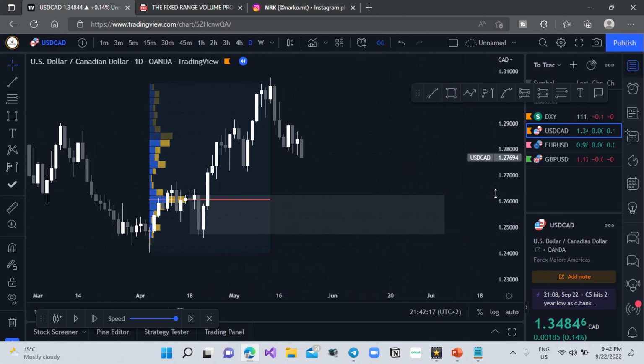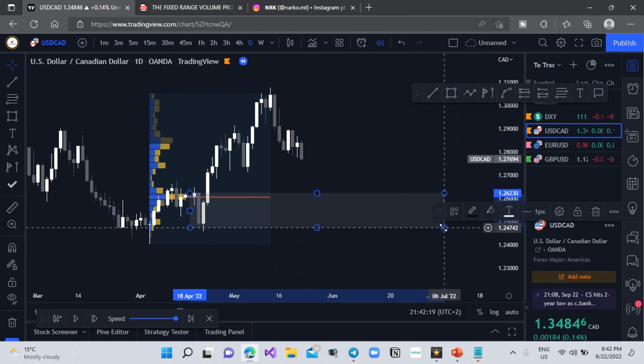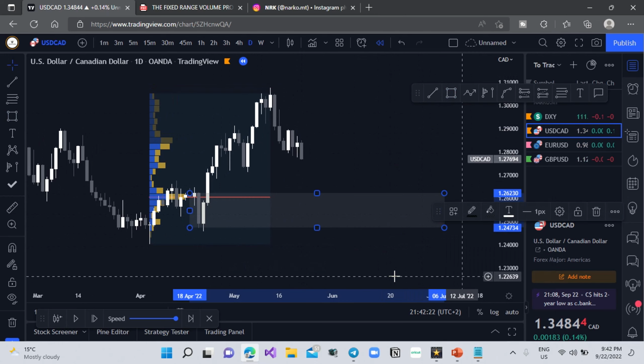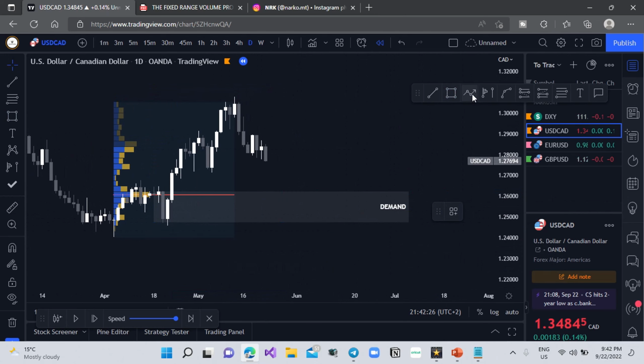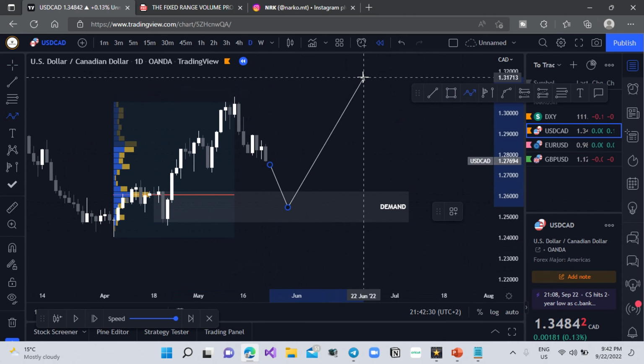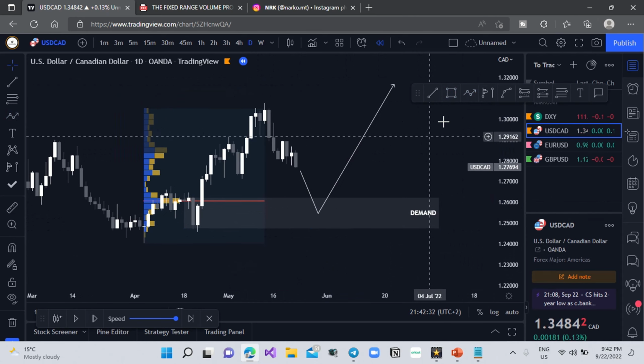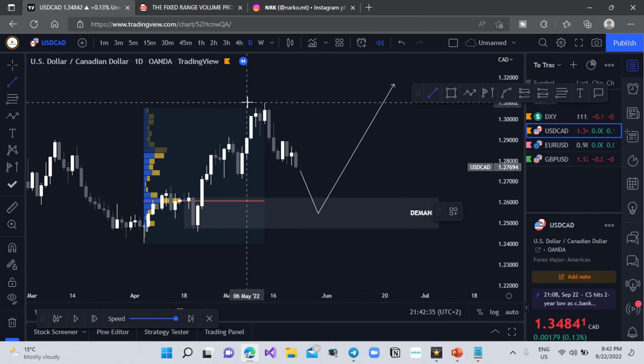And since we're in a bullish trend, that rectangle is going to be our demand level. So we will be expecting the market to tap into our demand level and push into the upside, violating our previous high, which will be our take profit.